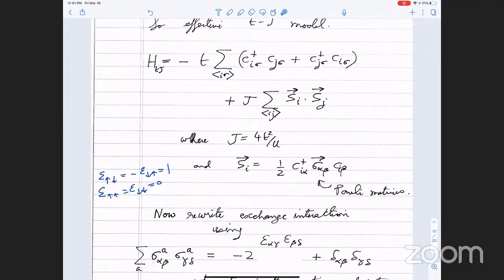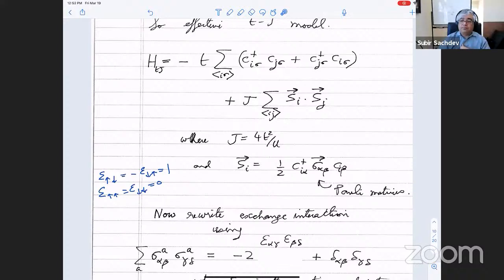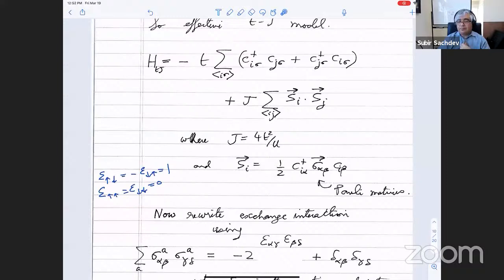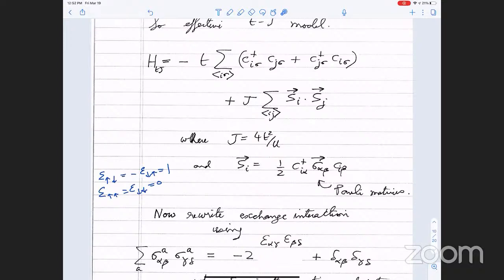I see. Okay. I had another question. I just wanted to make sure that I understand the difference from the original superconductivity. In the original one, we had an attractive interaction that was non-local and mediated by phonons. But here we are just writing electrons on a lattice with on-site repulsion, infinite on-site repulsion.